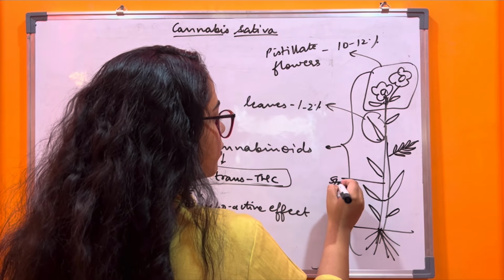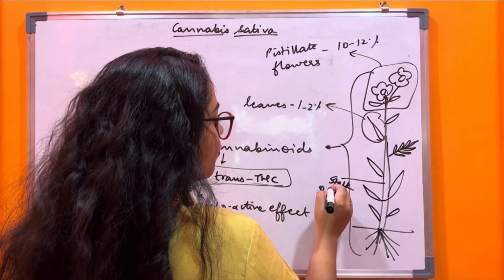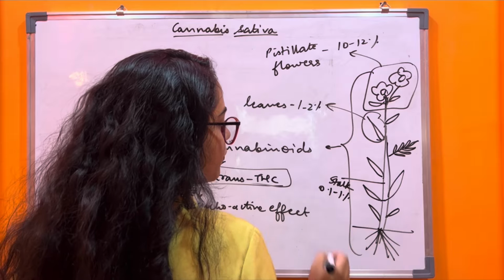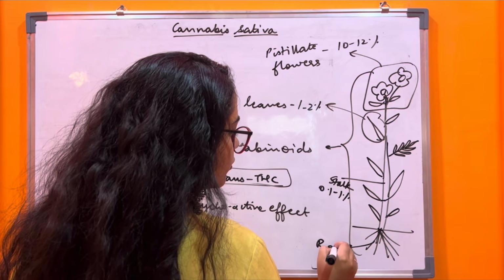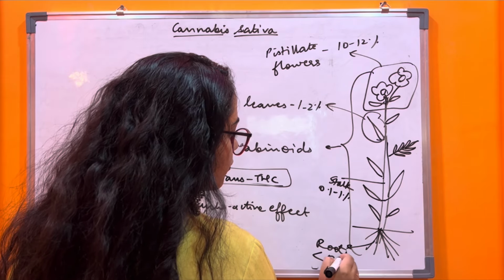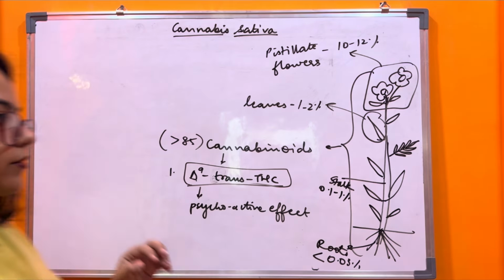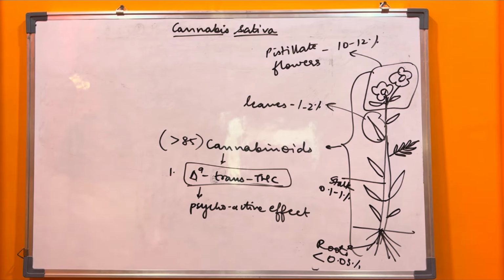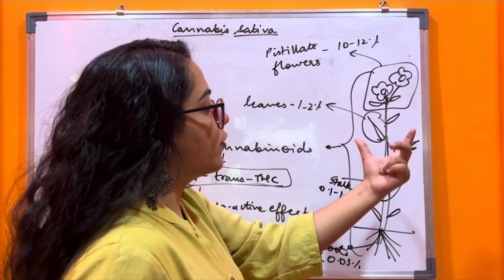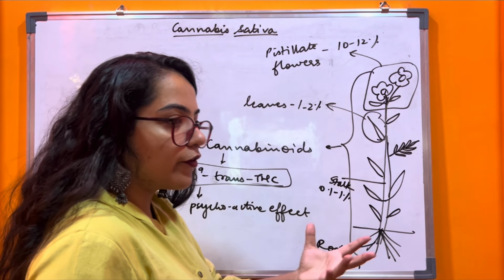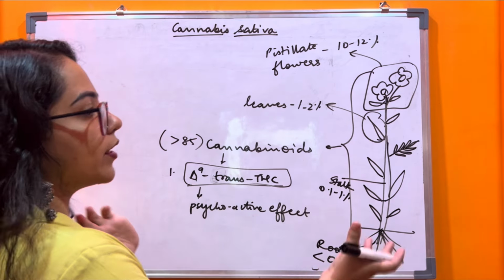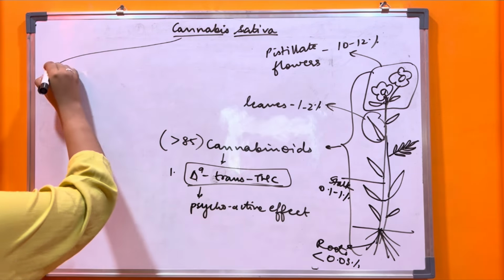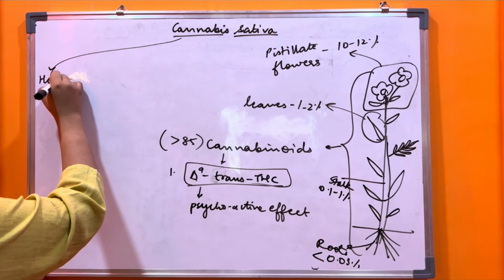In the stalk, 0.1 to 1% THC is present, and in the roots, less than 0.03% THC is present. Right. So based on which part of the plant is being trafficked or is being used to make the drug, there are several drugs under consideration that we have to see.